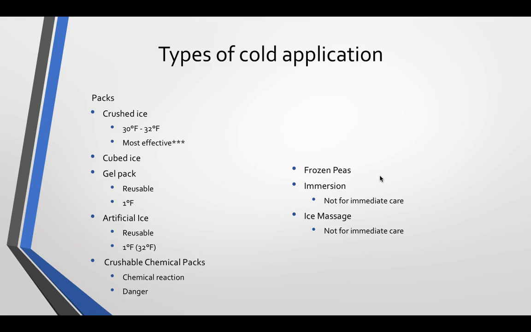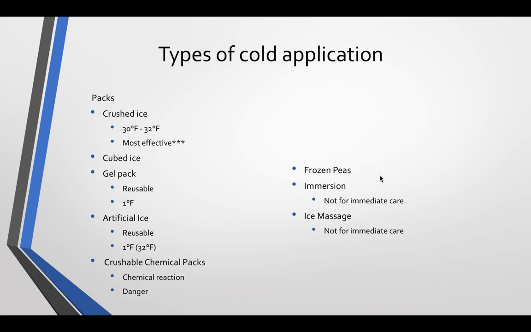Anytime we use actual ice, we get that added benefit of the fact that the ice goes through a phase change we talked about in the last video. So it goes from a solid to a liquid, which absorbs more energy from the body, thus leaving the tissue cooler during that time frame. Because it goes through the phase change, it's going to extract more heat. It also stays relatively cold longer, especially depending on the size.